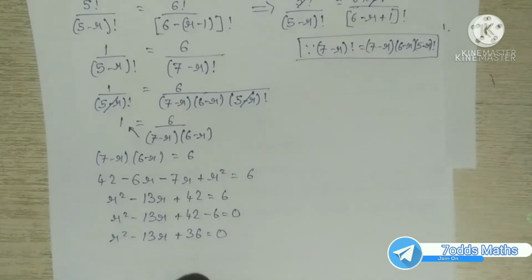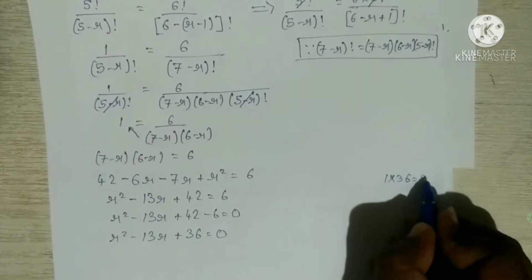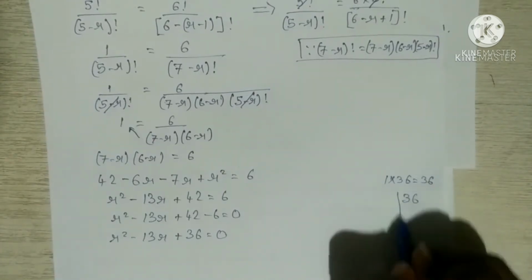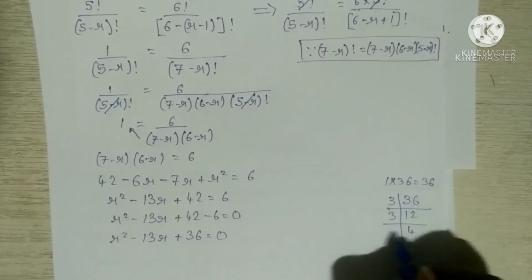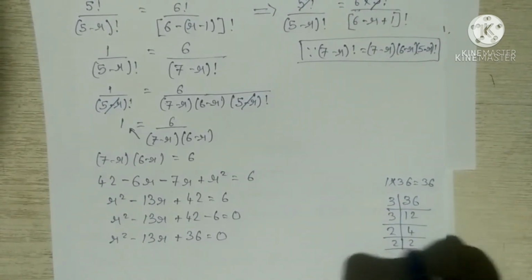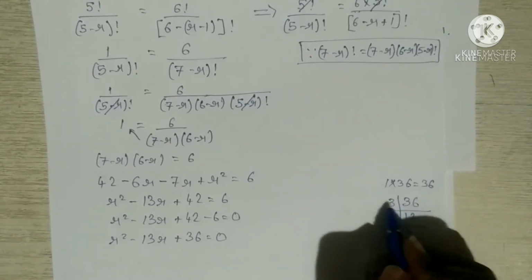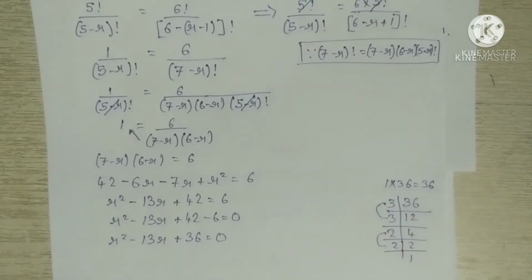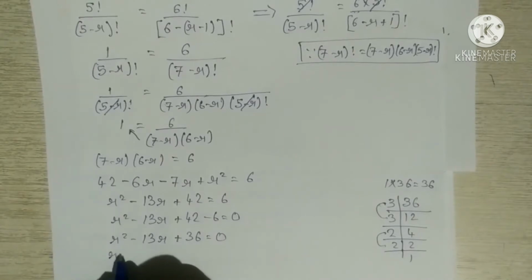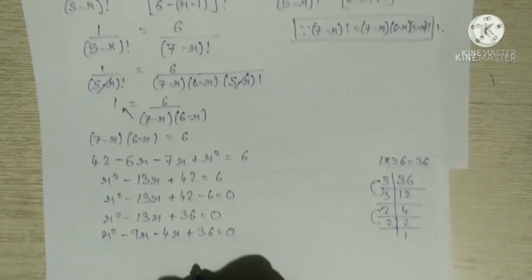Split the middle term. Okay, 1 into 36 is equal to 36. 36 is 3 twelves, 3 fours are 12, 2 twos are 4, 1s are. Okay, you can write 9 and 4: 9 plus 4 is nothing but 13. Or you can split r square minus 9r minus 4r plus 36 is equal to 0.